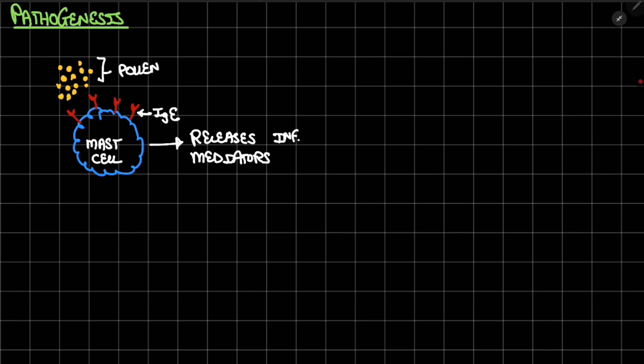Now what are these inflammatory mediators? Remember IL. I is interleukin. Which interleukins? Interleukin 4 and interleukin 5. And L is leukotrienes.